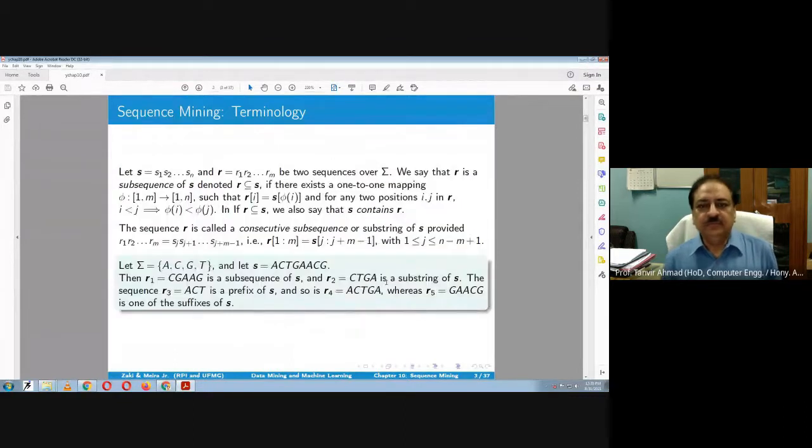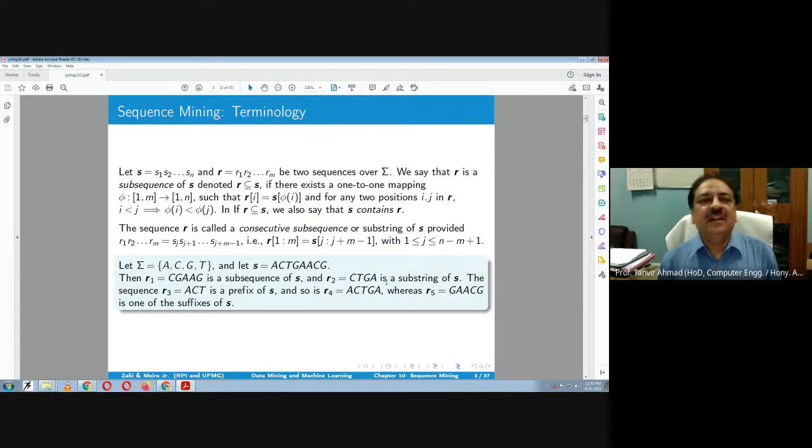Now let us try to understand how we are going to calculate this over an example. Let S = S1 to Sn and R = R1 to Rm be two sequences over sigma. That means there are two sequences over the set of alphabets sigma.